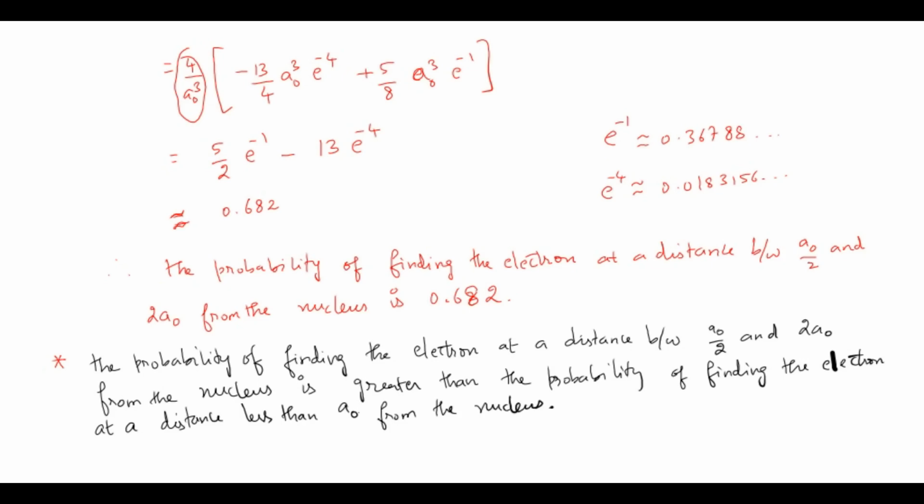Because in the first case, that is for distance less than a naught, the probability value is nearly 0.323, whereas in this case, the distance between a naught by 2 and 2a naught, the probability is 0.682. Therefore this one is greater than this.